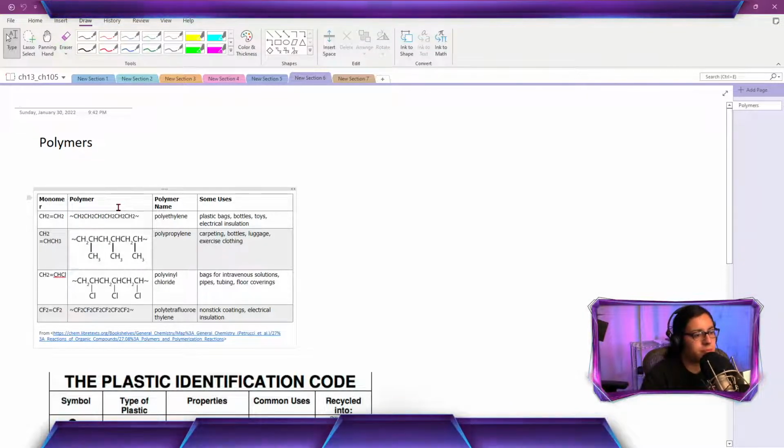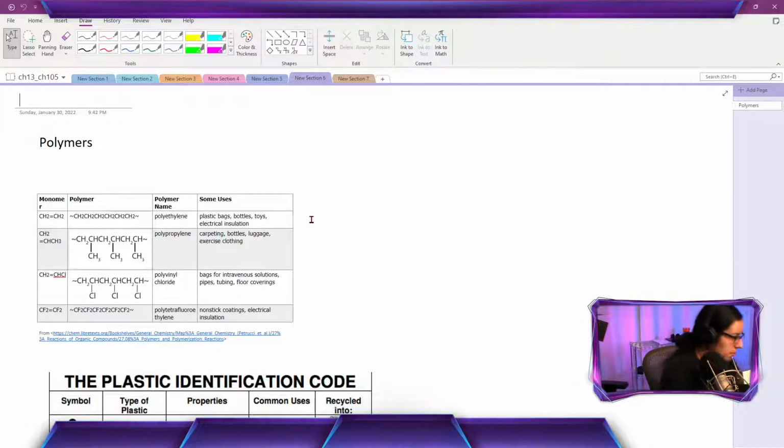Polyethylene, I believe that's the one. Or is it polypropylene? Sorry, trying to remember now. I believe polyethylene is used for plastic bags, bottles, toys, and then polypropylene is used for those masks. Those masks that everyone is wearing.